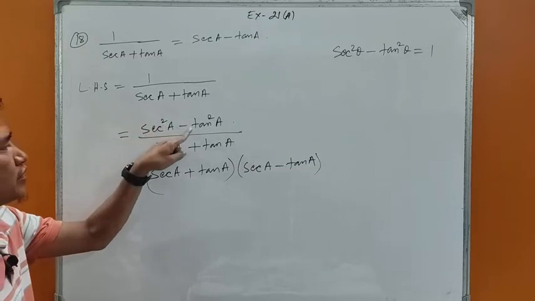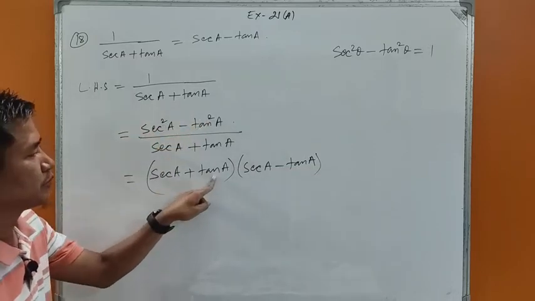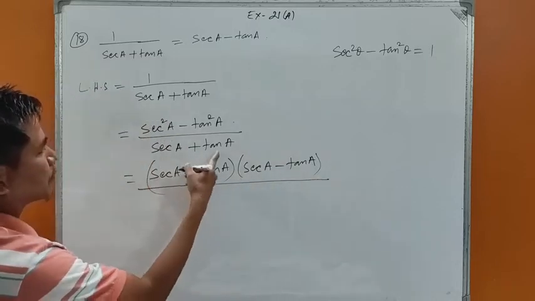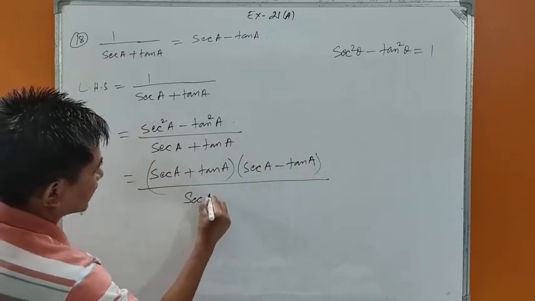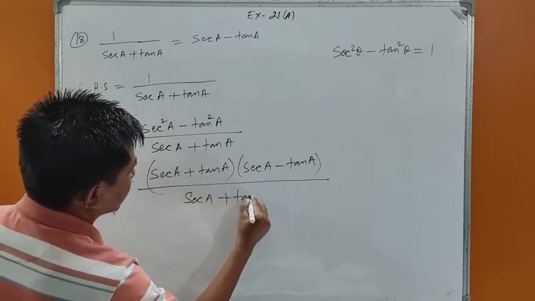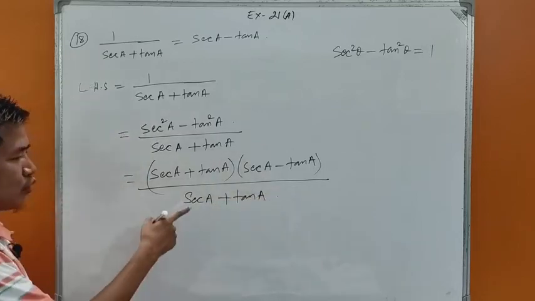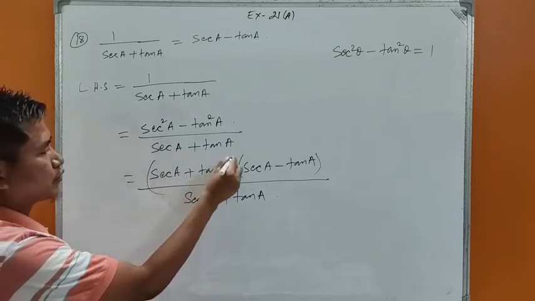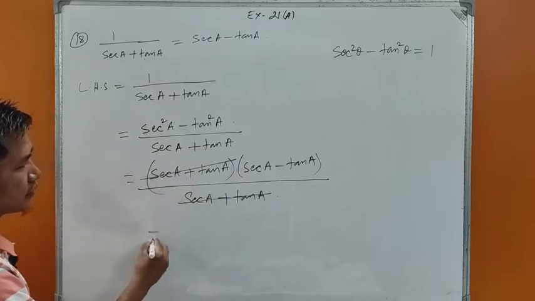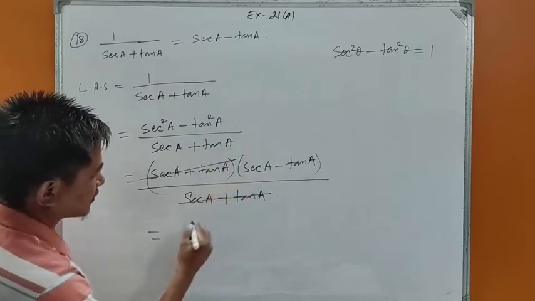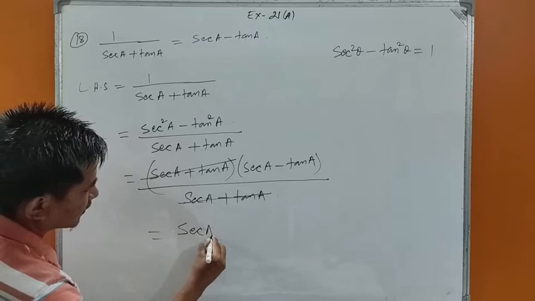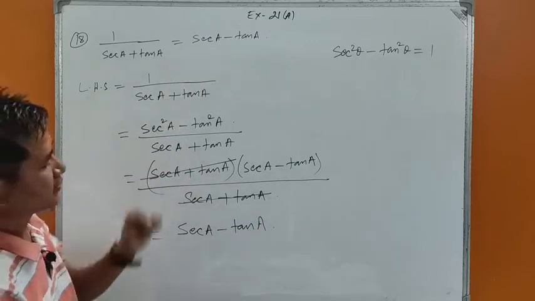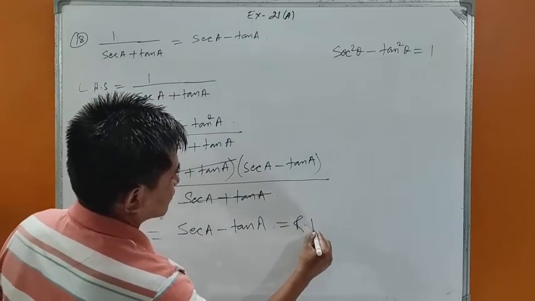A square minus B square means A plus B into A minus B. In the denominator we have sec A plus tan A. Now we have sec A plus tan A in the denominator, and in the numerator sec A plus tan A. So these two get cancelled, isn't it? So now remains sec A minus tan A. So this is the right hand side, isn't it? Equals RHS. Hence proved.